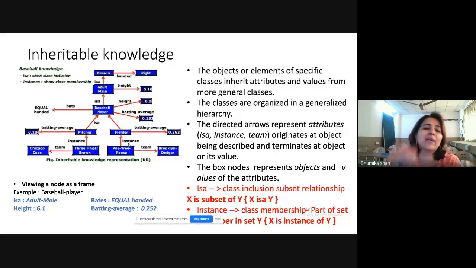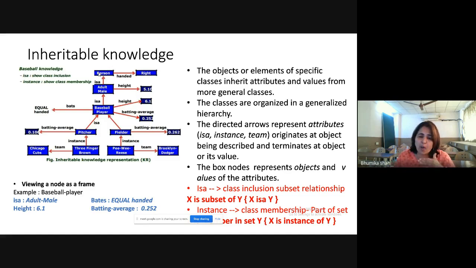Now from this diagram, we understood inheritance. We can see that there are classes in a hierarchy. We have a parent class, a child class, the child class of the child class, and so on. But there are two very important attributes which we have discussed, and throughout knowledge representation we will be discussing both of them. The first is instance.